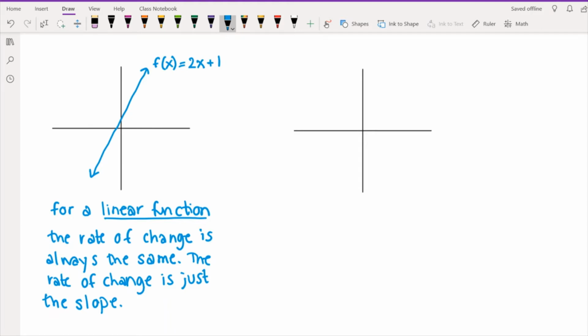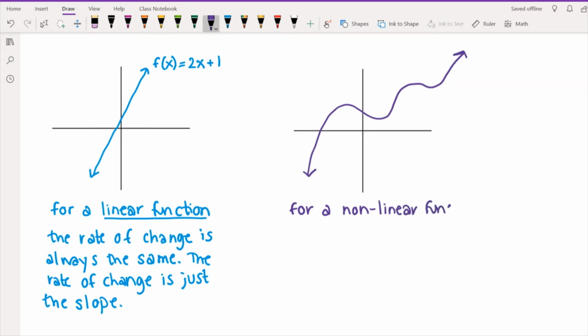On the other hand, if you have a function that goes up and down and is different steepnesses, this one would not be a linear function. So for a non-linear function, just meaning any function that is not a line, the rate of change is going to vary.